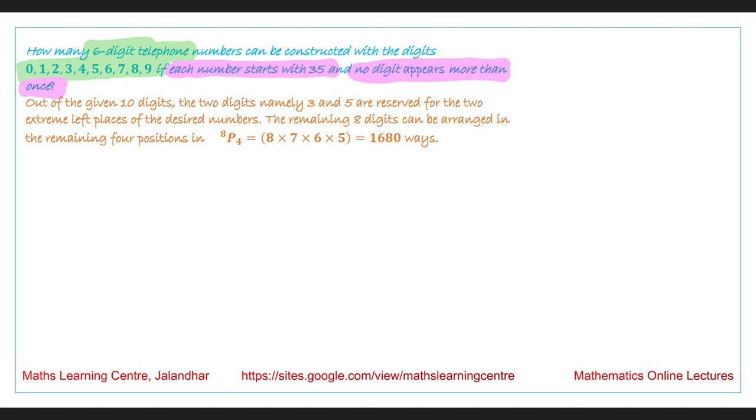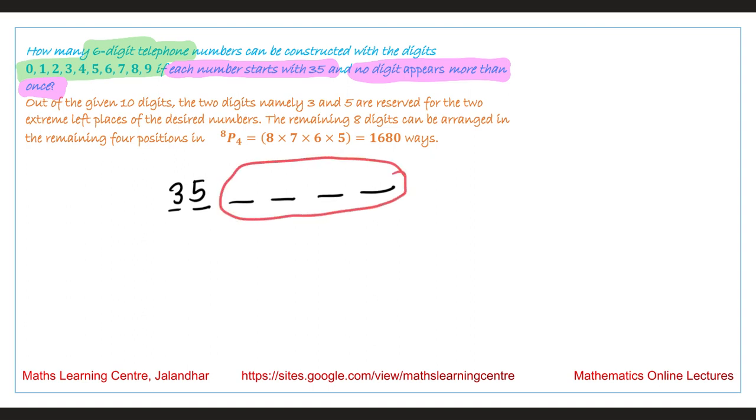So we are saying that the first 2 digits are fixed, they are 3 and 5. We are left with 4 more digits, and since 3 and 5 are occupied, the number of options we are left with is 8.